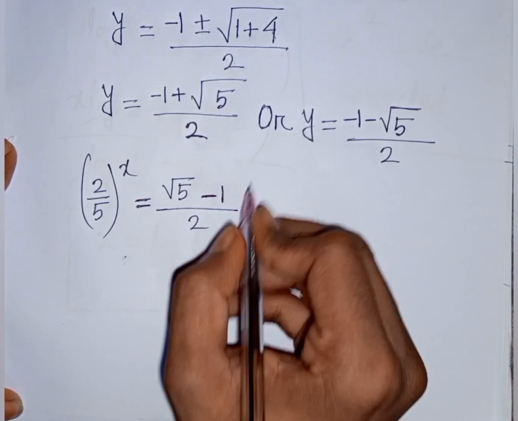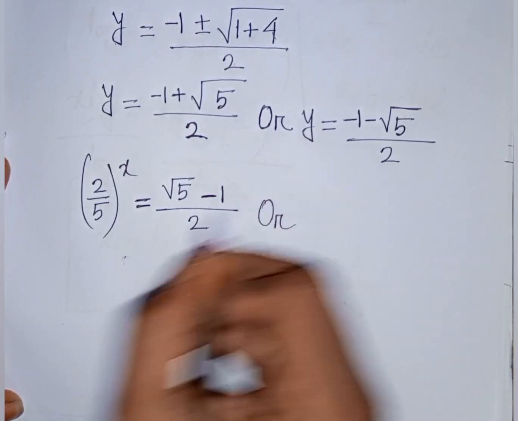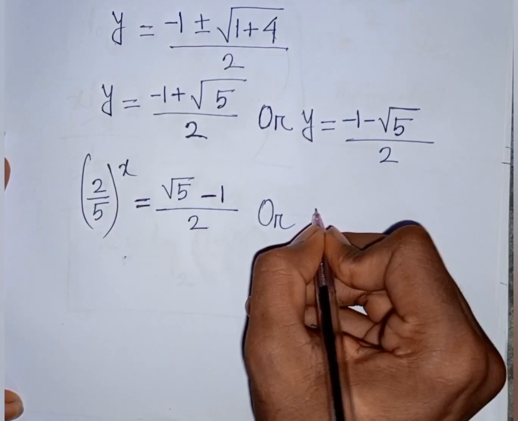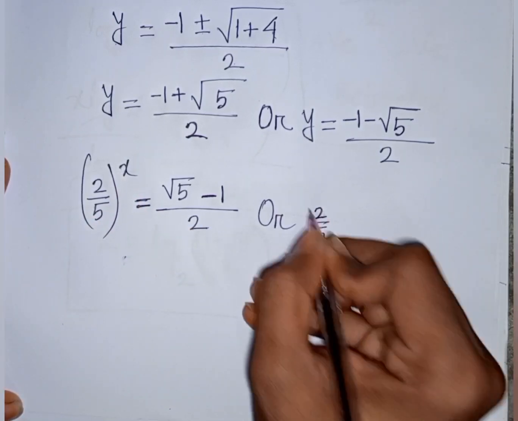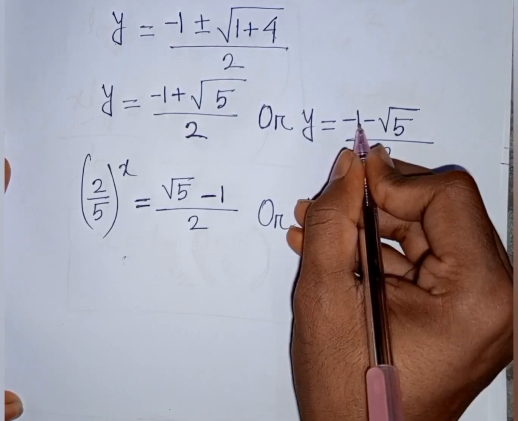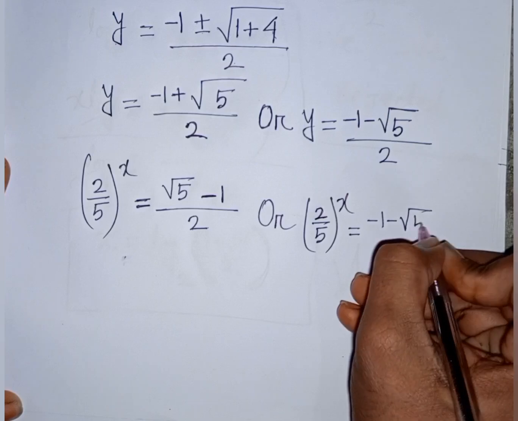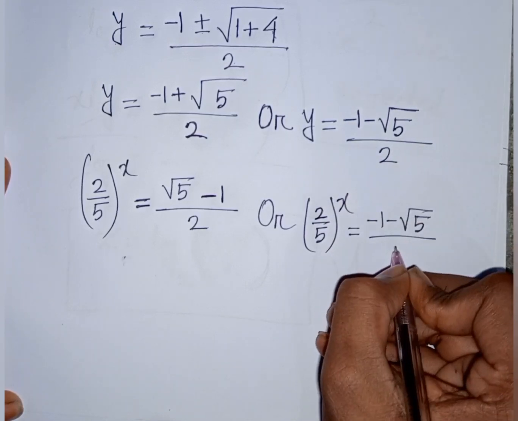Now or y, that means 2 by 5 bracket power x is equal to minus 1 minus a square root of 5 divided by 2.